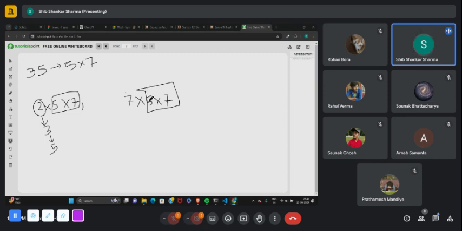Because if you just remove 5 from here, you have 7 into 7, which gives you 49. That is greater than 35, but it is a divisor of this number, 7 into 7 into 5.